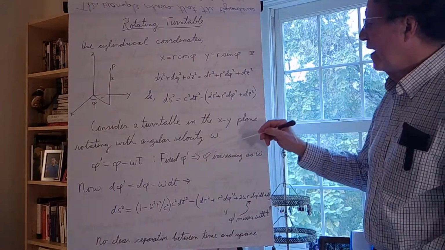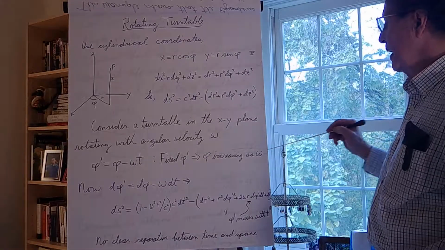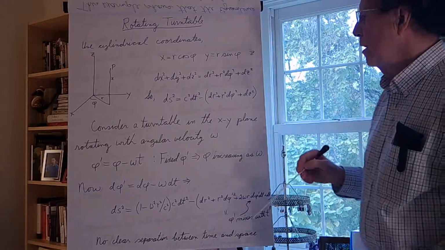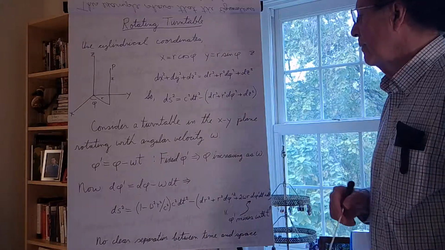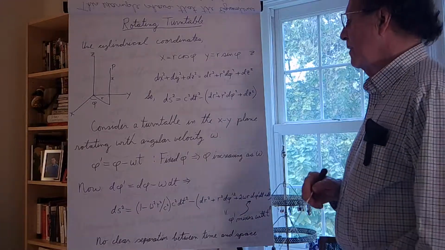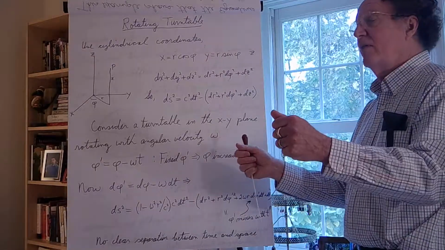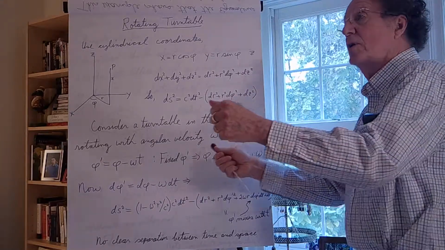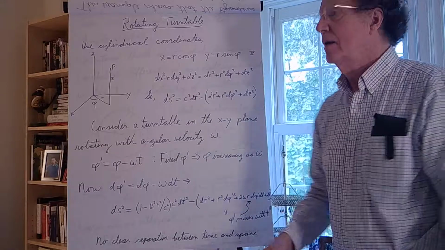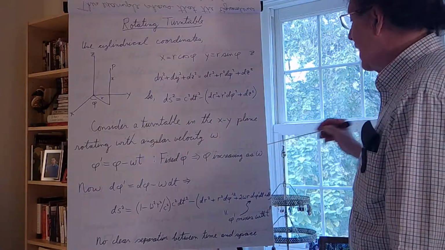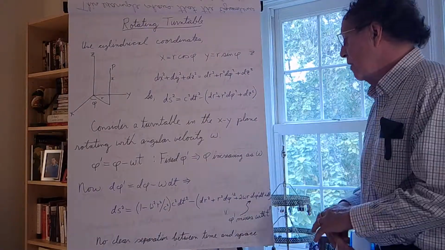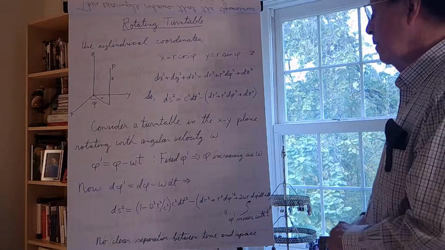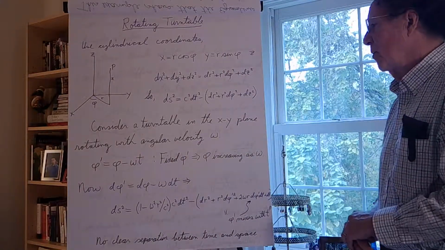If I fix phi prime, then I see that phi is increasing at a rate of omega. So that's how I label it. A fixed phi prime relative to the turntable is rotating at an angular velocity omega, so phi is increasing at a rate of omega. That's a sensible coordination.